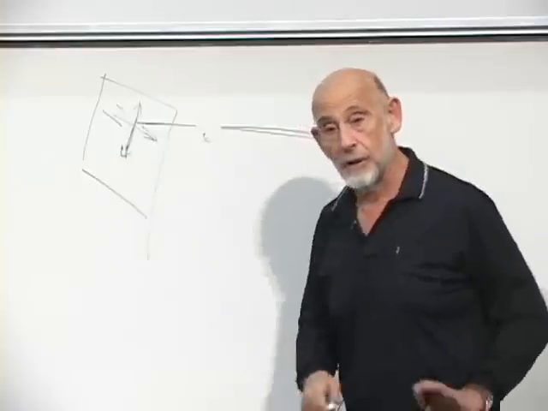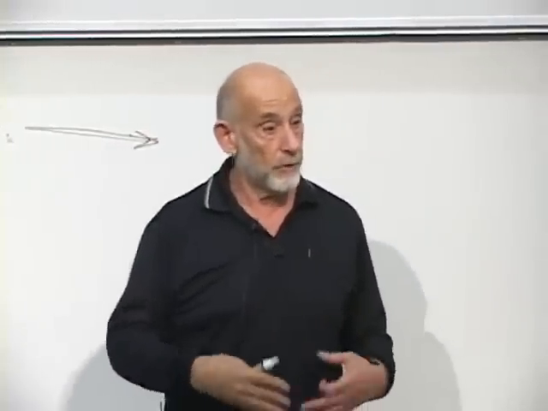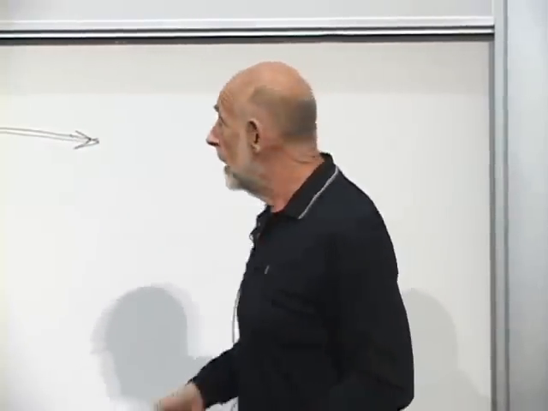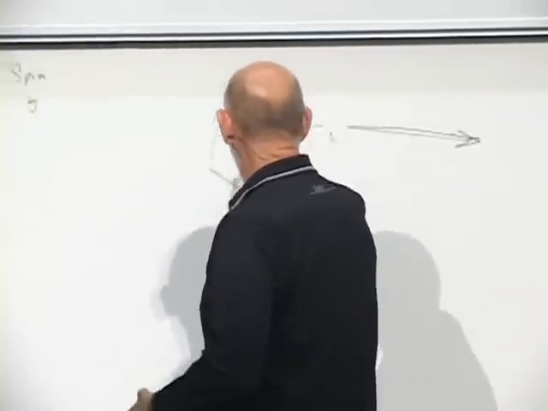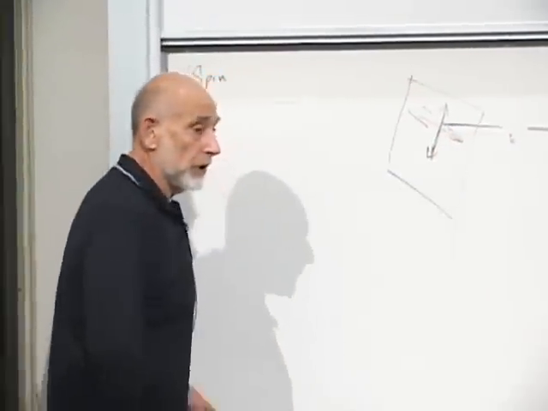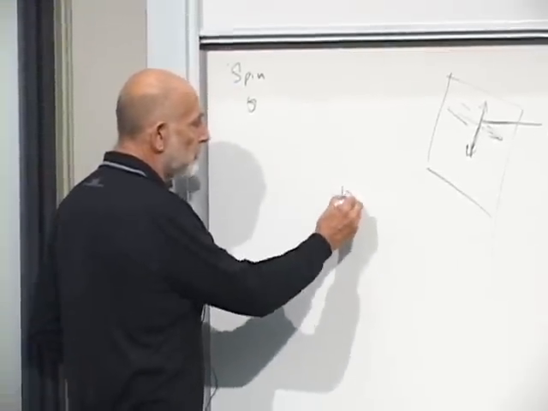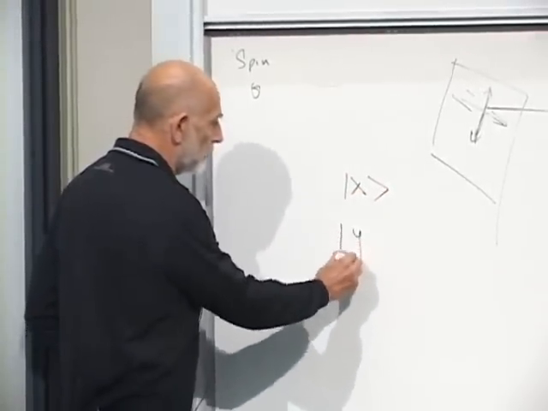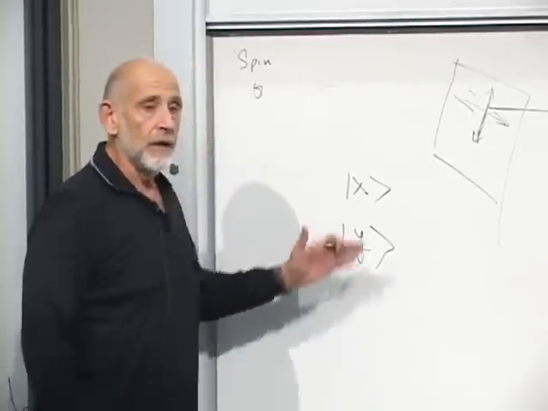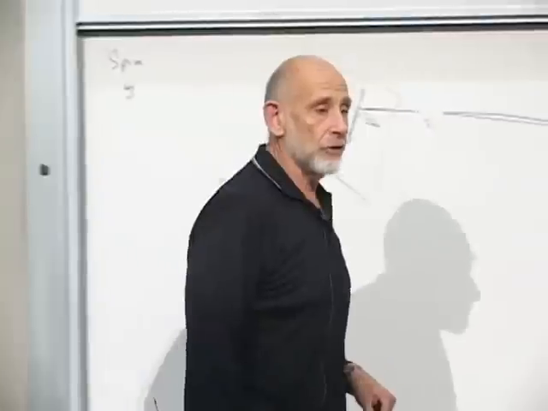Maxwell's equations tell you the electric and magnetic field, and therefore the polarization of the photon, are perpendicular to the direction of motion. So you can have two states of two different polarizations. You could call it the X polarization state of the photon, or you could call it the Y polarization state of the photon. Neither of them is circular polarization.